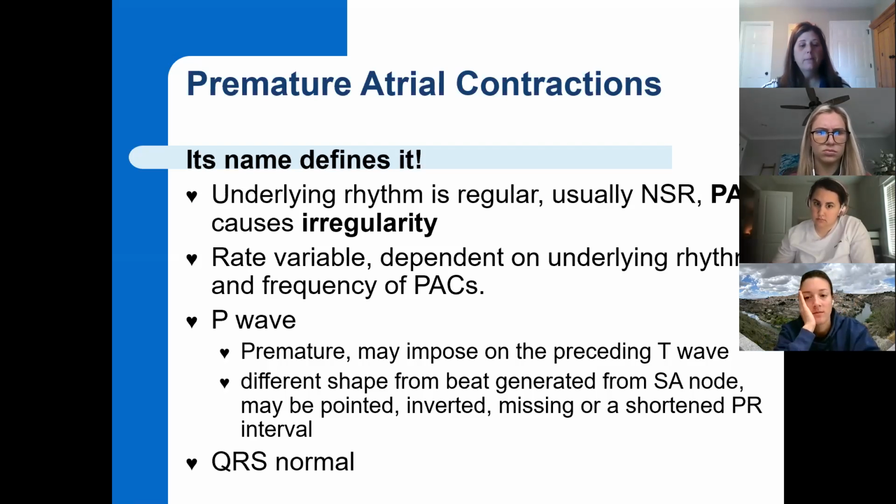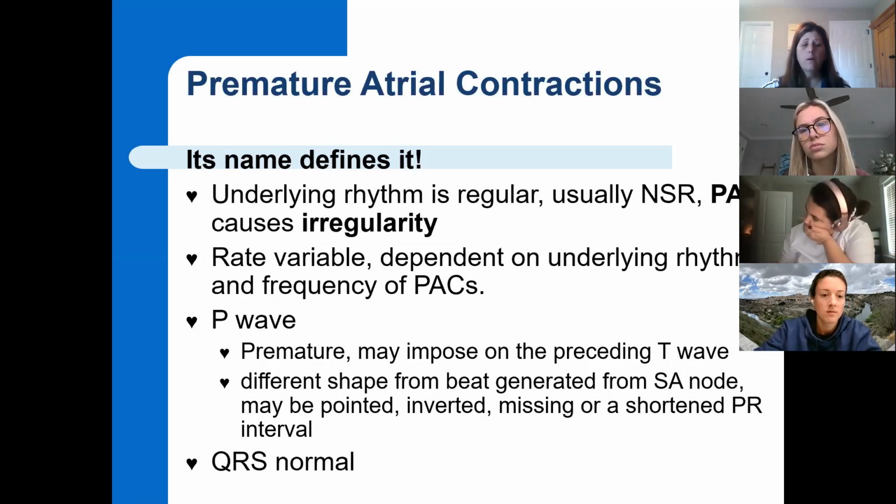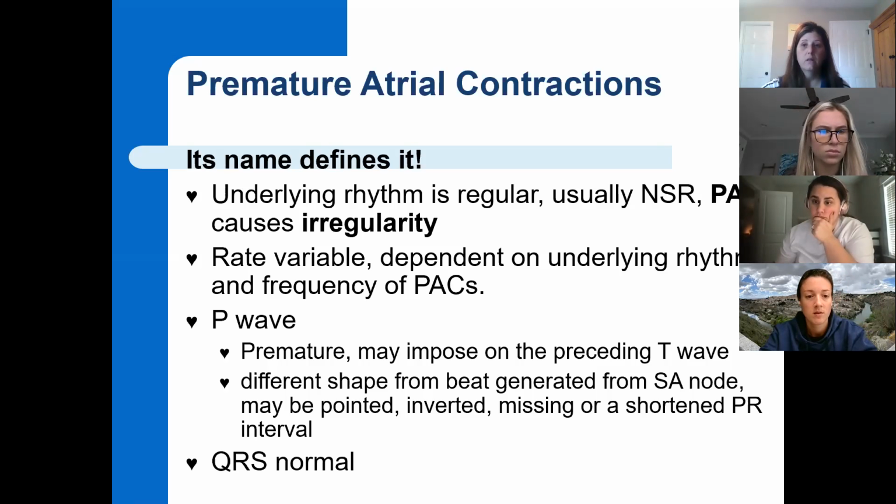But basically what happens is if you have a compensatory pause, meaning it compensates, the R in the complex before the PAC to the R in the complex after the PAC are equal to 2 times the length of the R to R in the underlying rhythm.